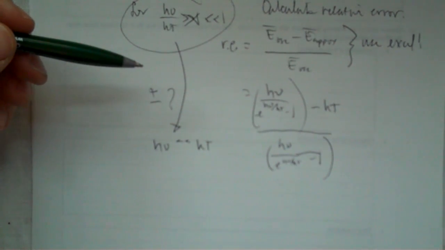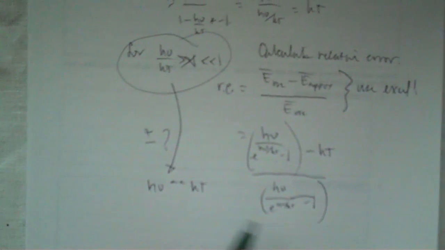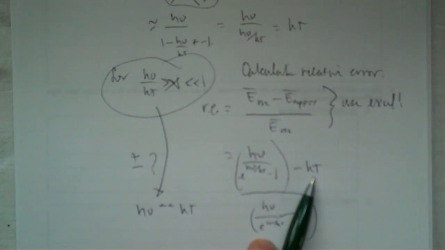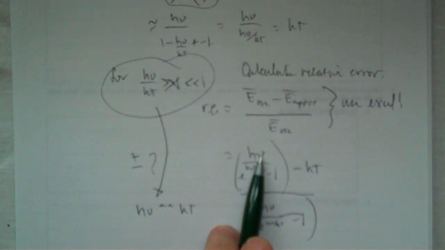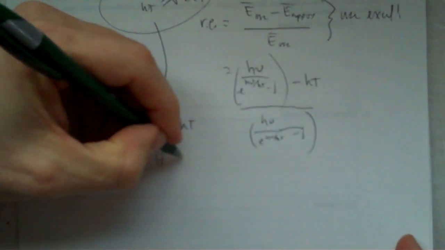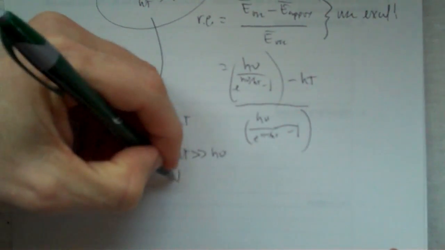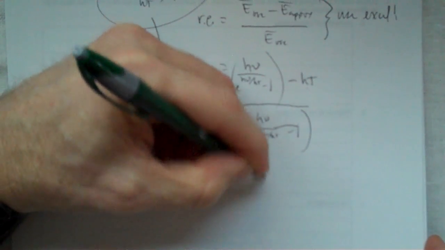Alright, so if that's true, then this is going to be big relative to that. And I'm going to say if kT is much, much bigger than h nu, then the relative error is likely to be negative.